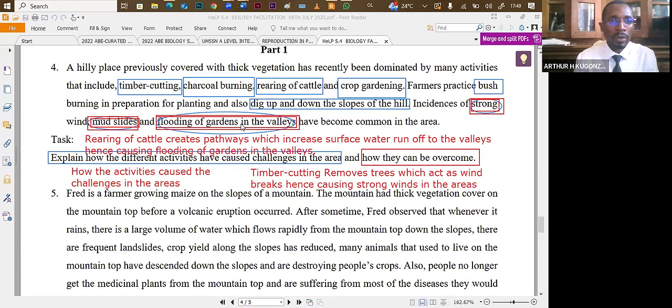Okay, I'm reading through. Also, Ivan is saying, charcoal burning leads to accumulation of carbon dioxide in the atmosphere, hence high level of air pollution. I will again ask myself, you're saying high level of air pollution. When we go back to our scenario, where is that problem?